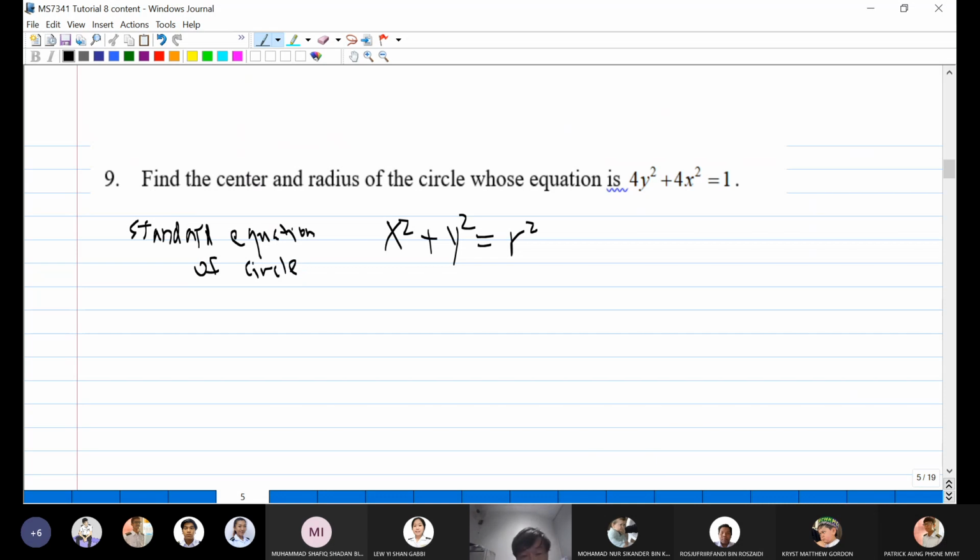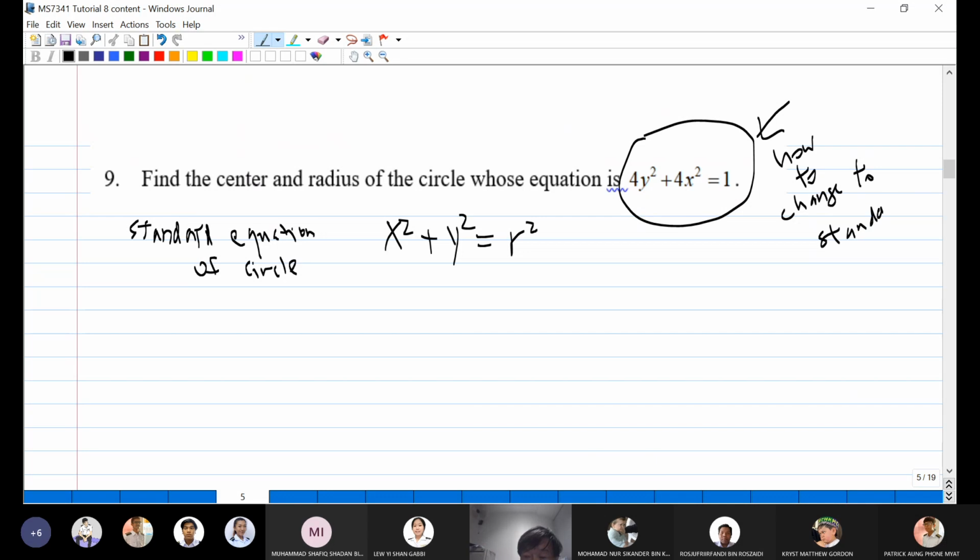R is the radius, center is origin, right? So as we know this, but this looks very different, right? So how to change this to standard? You can divide both sides by 4 first.